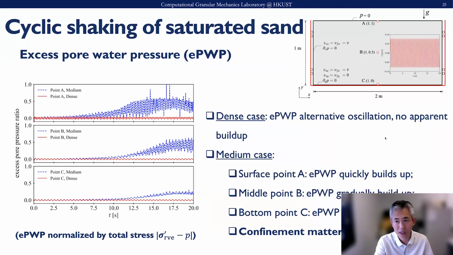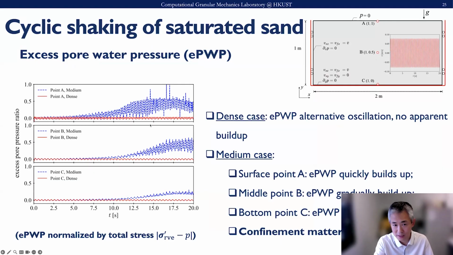This is a further comparison case, where we monitor three locations: A at the ground surface, B in the middle, and C at the bottom. The confinement surcharge can really affect the response. For the dense case, the responses at A, B, and C are more or less quite similar, and there's no buildup of excess pore pressure.